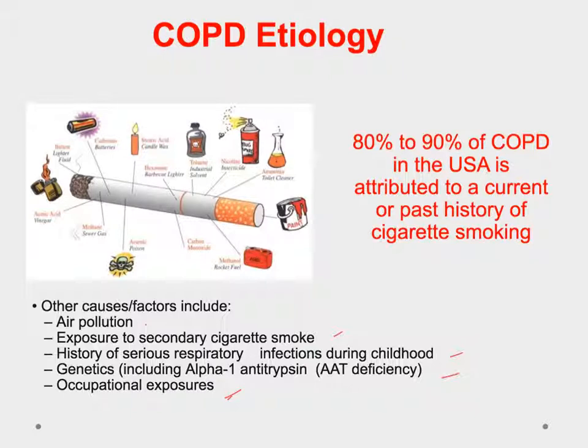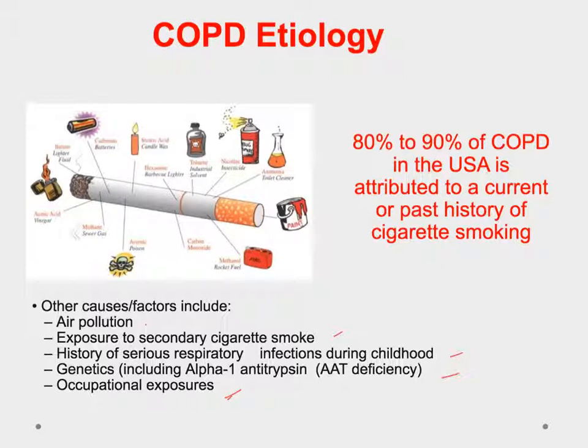whoever is running a place like a coal mine perhaps, they need to make sure that their workers are protected, and that would be wearing a mask maybe that prevents them from inhaling something in the air that could be toxic to them.